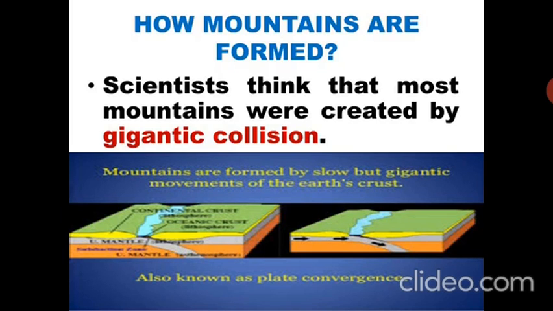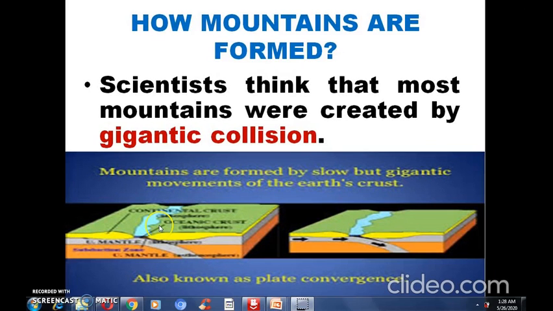But what are those things that hit each other when the mountains are formed? We will understand in the other slides. Like mountains are formed, you can see the picture down. Mountains are formed by slow but gigantic movements of the earth's crust.